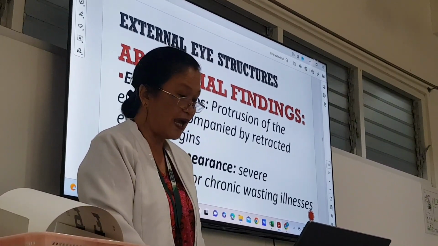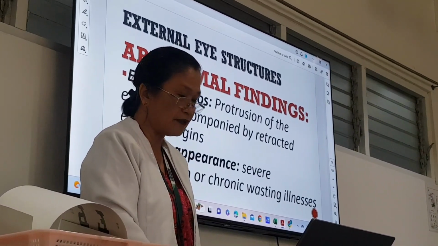And these are now the abnormal findings. Exophthalmos, protrusion of the eyeballs accompanied by retracted eyelid margins.